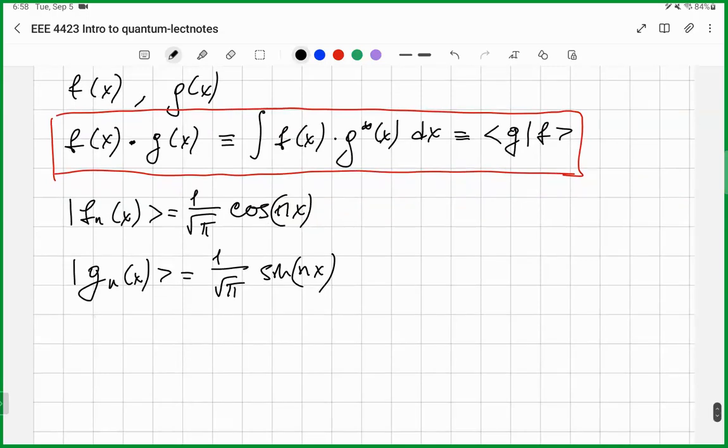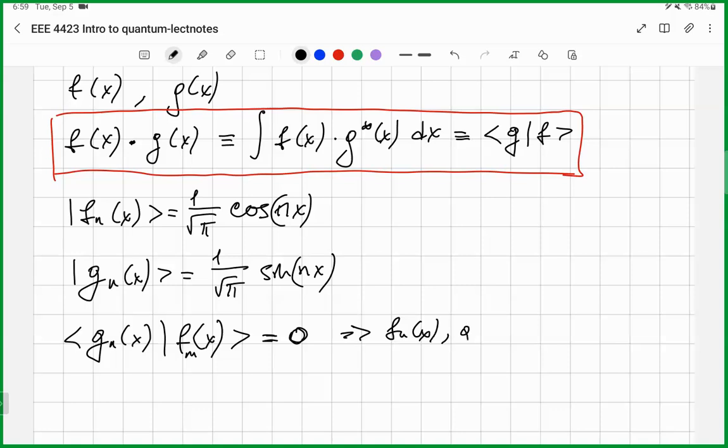We know that the integral of sine times cosine is equal to 0, right? So we can write this bracket notation for the function g and the product with f, something like this. And it's always equal to 0, which means that these functions are orthogonal.